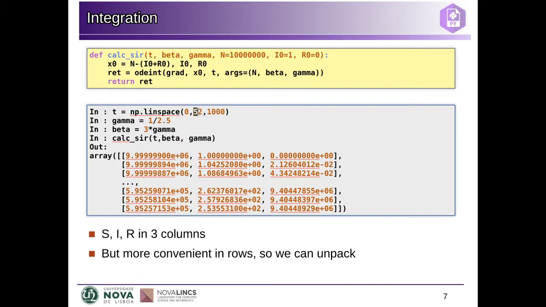Since we are using weeks as the unit, gamma is the probability of recovery per week, or the fraction of infected individuals that recover per week, so it's 1 over 2.5. Beta is the fraction of individuals that infect others, assuming that everyone is still susceptible.